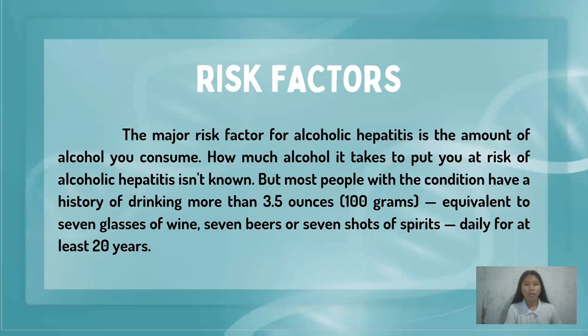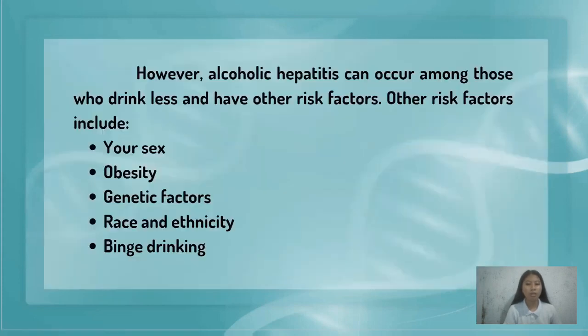How much alcohol it takes to put you at risk of alcoholic hepatitis isn't known, but most people with the condition have a history of drinking more than 3.5 ounces, 100 grams, equivalent to 7 glasses of wine, 7 beers, or 7 shots of spirits daily for at least 20 years. However, alcoholic hepatitis can occur among those who drink less and have other risk factors.